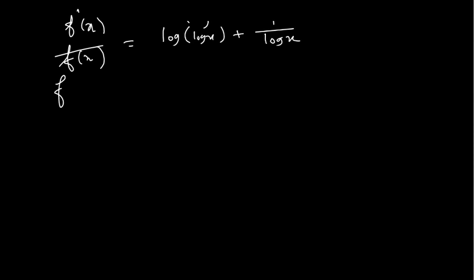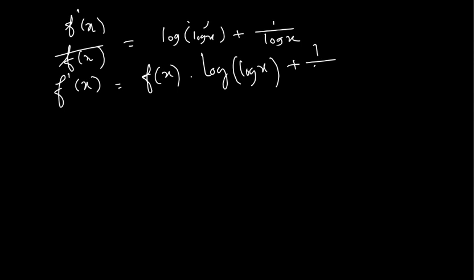So you will have f dash x equal to f of x into log x plus 1 by log x. So this is what f dash x is. So you can substitute f of x now, or you can substitute at the end also, not a problem. Got it, right? Understood. Okay.